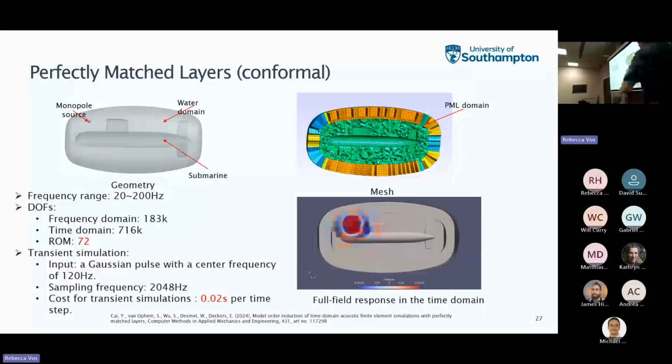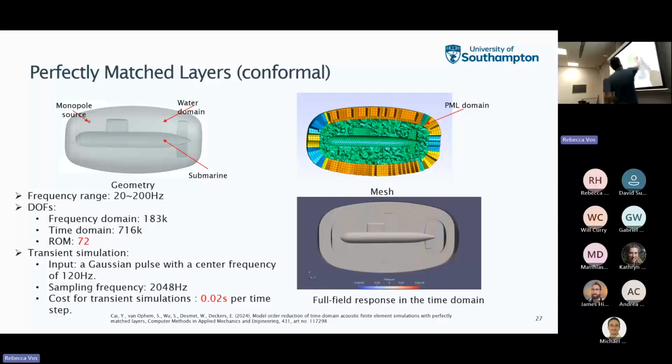We also looked at perfectly matched layers. That's an alternative to infinite elements. Again, a submarine. I'm not doing research on military aspects at all, but a submarine is just a nice shape to do these very high aspect ratio simulations on.